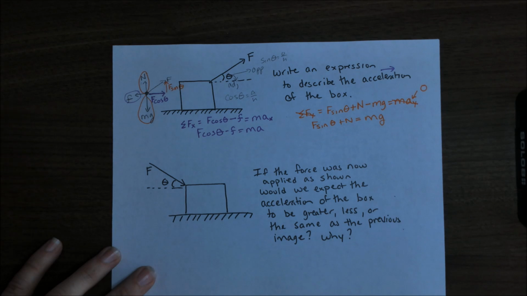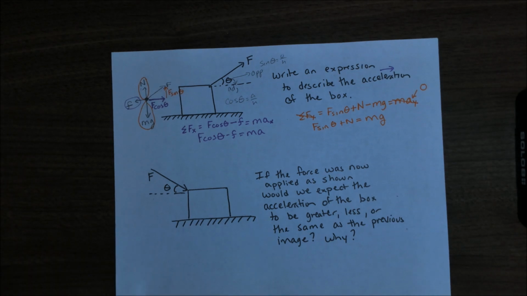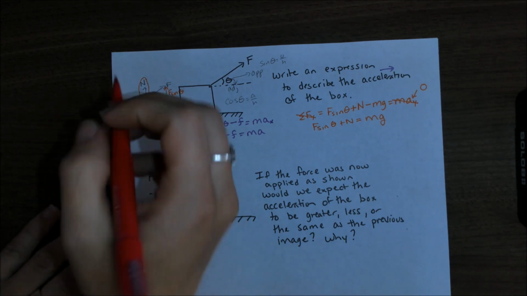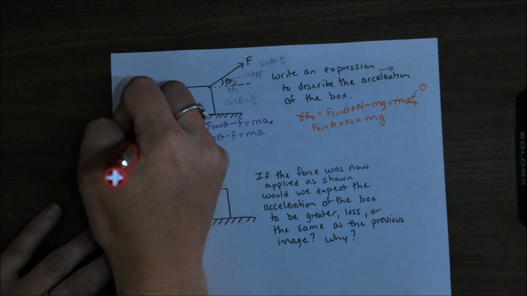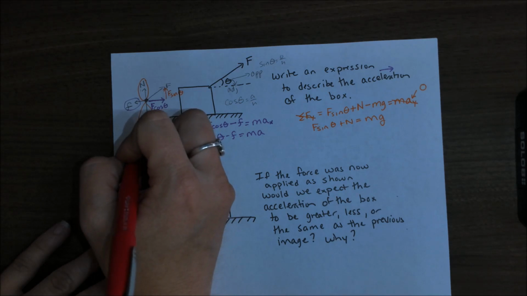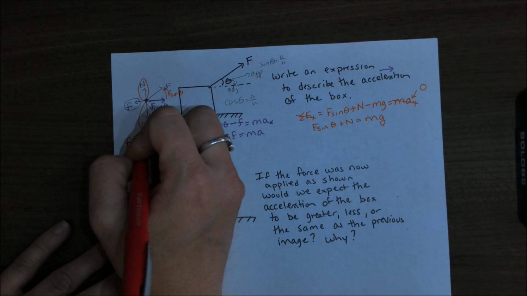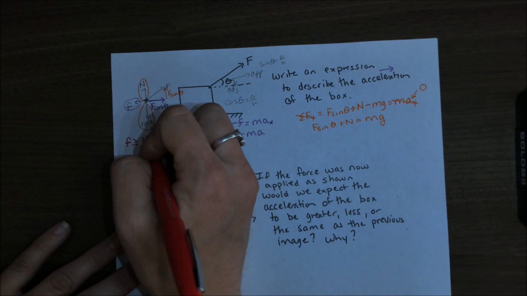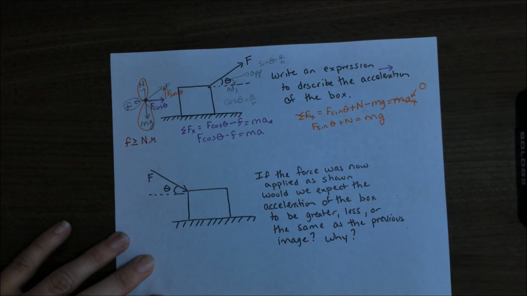Alright, let's talk about things that we have learned from our notes. Okay? So friction has a definition. Friction is defined in terms of an equation as the force that is greater than or equal to the normal force of the object times its coefficient of friction.